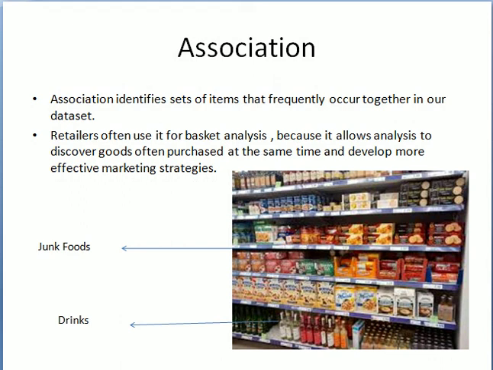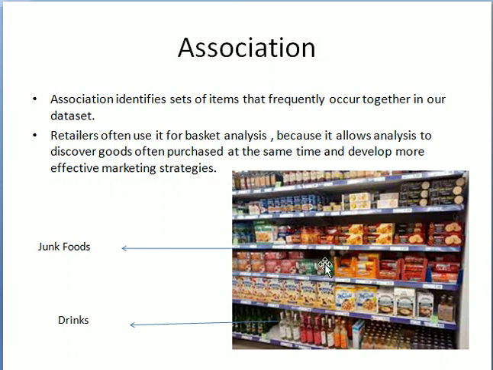Suppose you're buying junk foods, drinks, and also milk products together, and if a large number of people buy these products together, then the supermarket will arrange those things in a single rack. See here, the drinks and the junk foods are arranged together because people buy these products together. By analyzing those things, they arrange the products accordingly. That is where association is used.